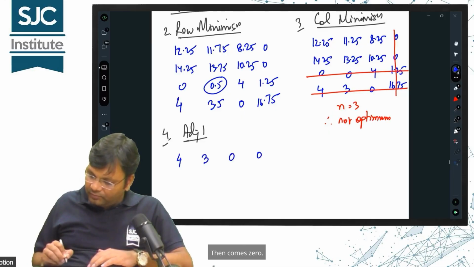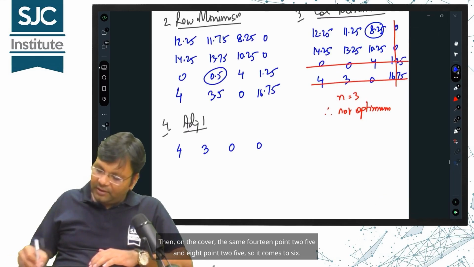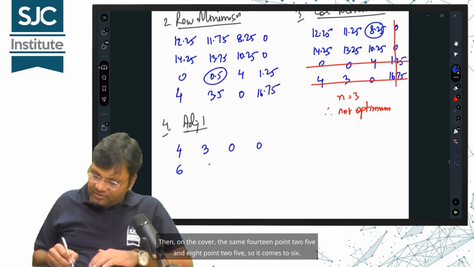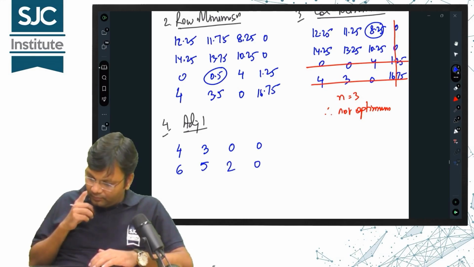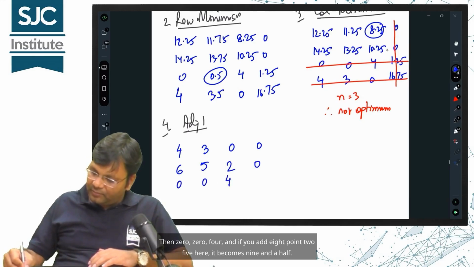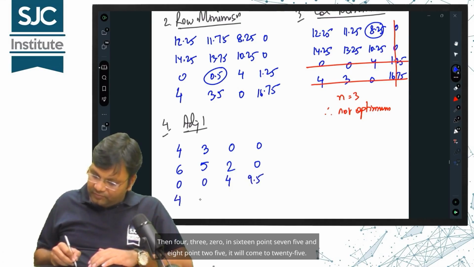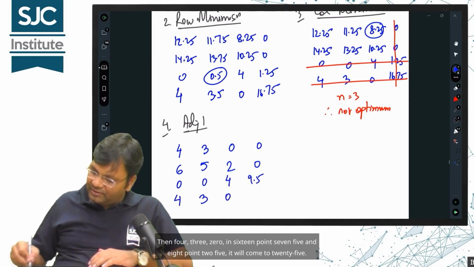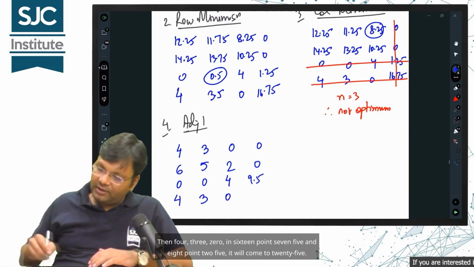Then comes 0. Then, on the cover, the same 14.25 and 8.25, so it comes to 6. Here it comes to 5, here it comes to 2, then 0. Then 0, 0, 4, and if you add 8.25 here, it becomes 9.5. Then 4, 3, 0, in 16.75 and 8.25, it will come to 25.